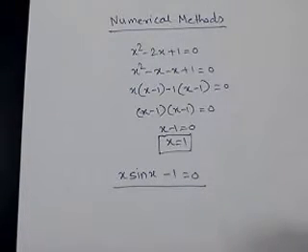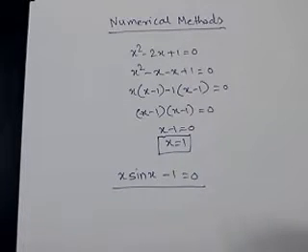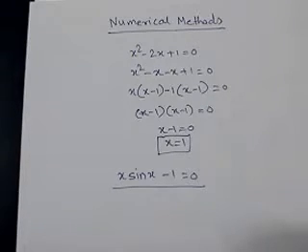So what we have to do here is use some kind of numerical method or iterative method, maybe, to get the actual value of x that satisfies this equation, that makes this equation equal to zero. So this is what numerical methods is about.